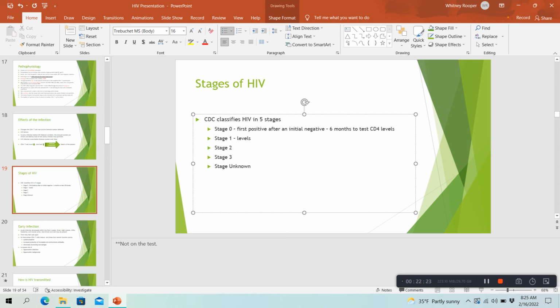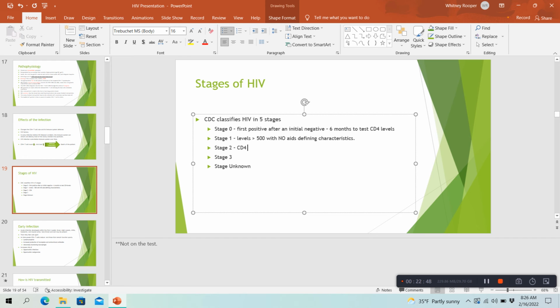What you want to include in this is there are no AIDS defining characteristics. Stage 2, your CD4 is 200 to 499.